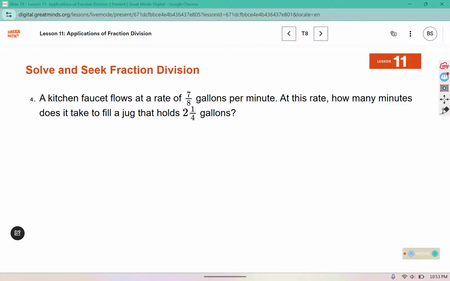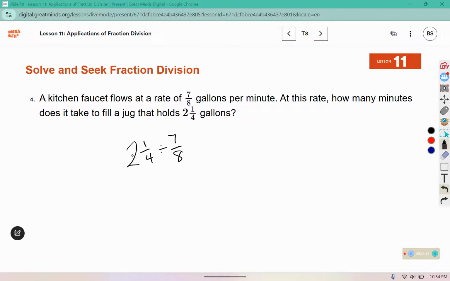A kitchen faucet flows at a rate of 7/8 gallons per minute. At this rate, how many minutes does it take to fill a jug that holds 2 1/4 gallons? The jug is being split up into 7/8 of a gallon per minute.